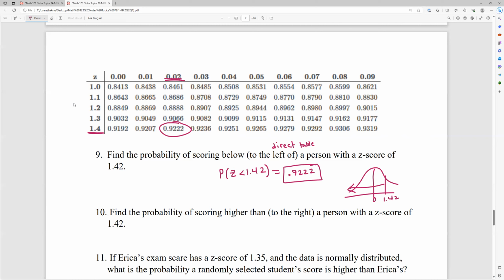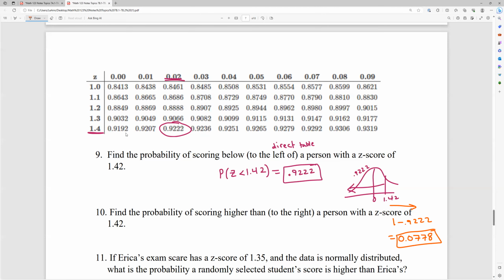To the right, if we look at the same graphic right here, we'd want to go this way. So this one is 1 minus 0.9222 since it's the same z-score. So 1 minus 0.9222 is 0.0778.